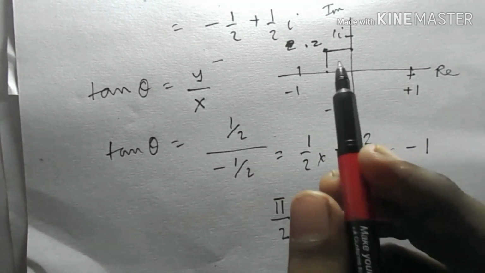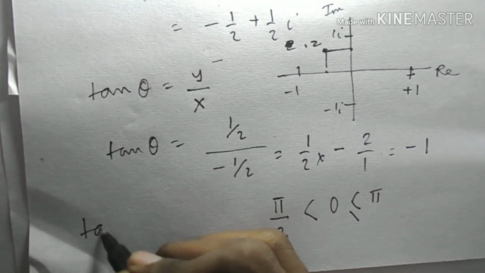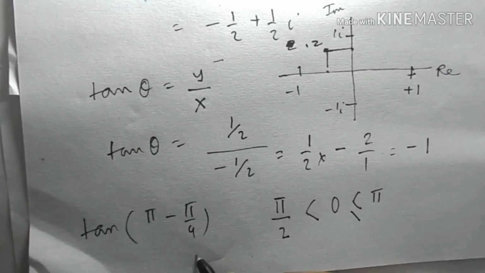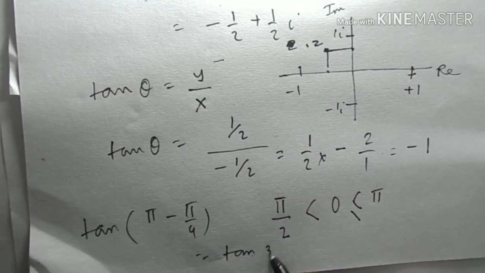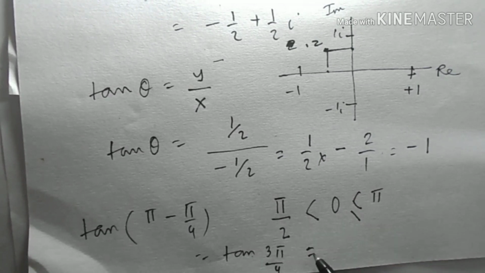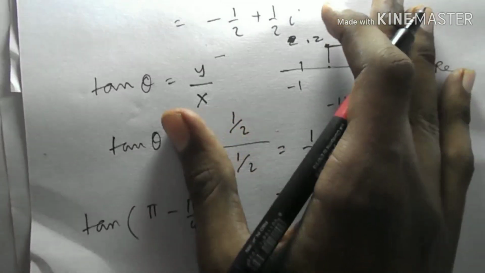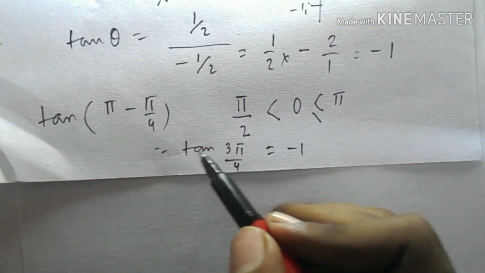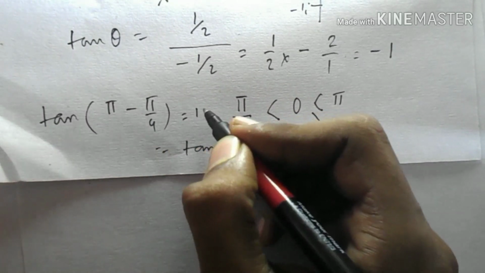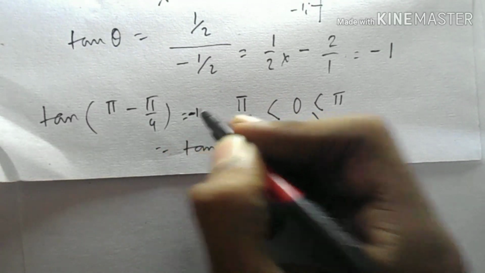Now as I said, tan theta is equal to -1, so in this case theta would be pi minus pi by 4, that is 3 pi by 4. We know that the tangent of 3 pi by 4, or tangent of pi minus pi by 4, is equal to -1.